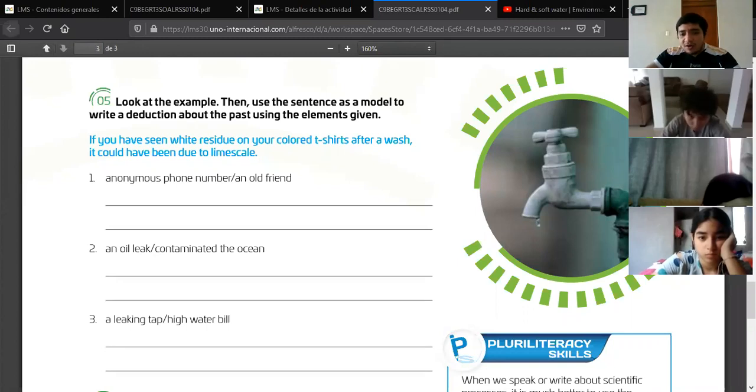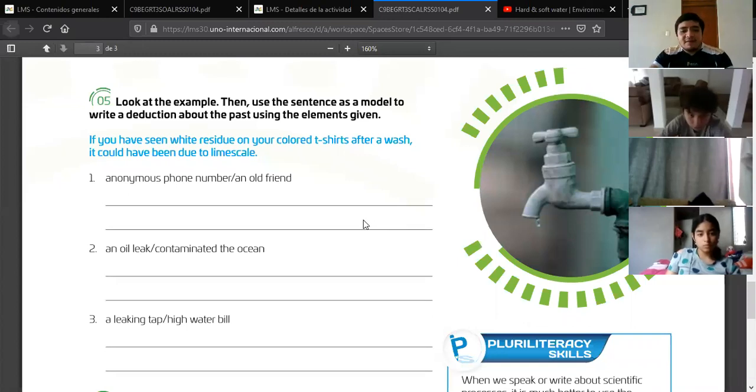If there is an oil leak, the ocean might get contaminated. That's one, and this other option: if there's an oil leak, we could have a contaminated ocean. Okay, perfect. That's number 2.